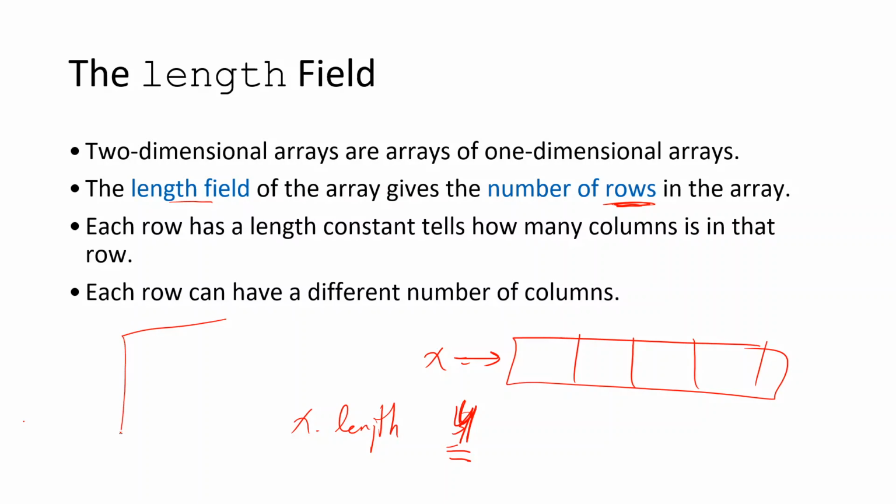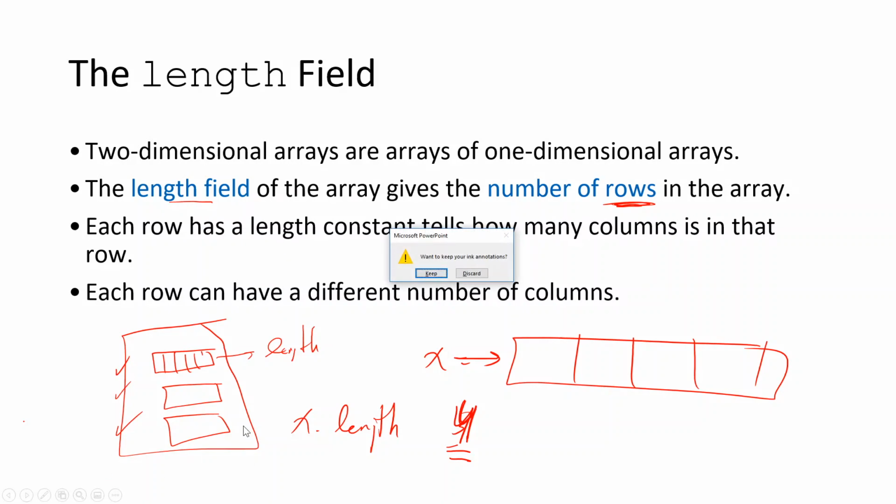Again, remember, a two-dimensional array is an array of arrays, so it tells you how many rows there are. Now, for each one of these rows, the length field will give you the number of columns. All right, does that make sense?